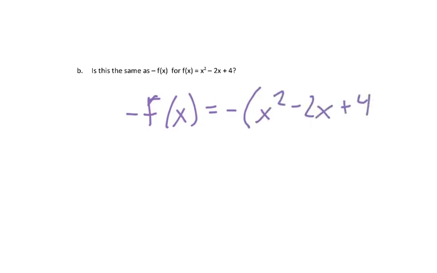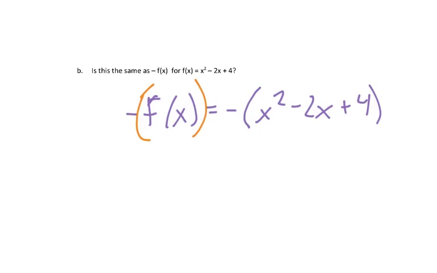Part B says, is that the same thing as having a negative f of x? When we have a negative in front of f of x, it really is just saying that we're going to have a negative in front of f of x, the whole thing. So it's like putting this whole thing in parentheses, if you want to think about it like that.